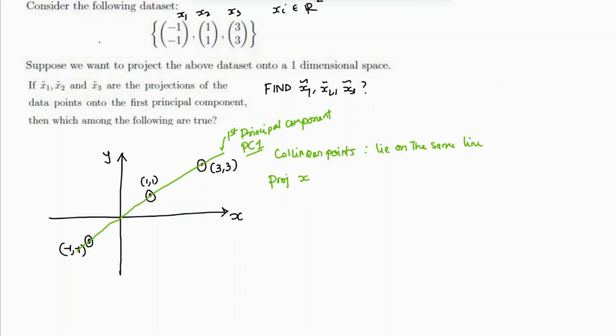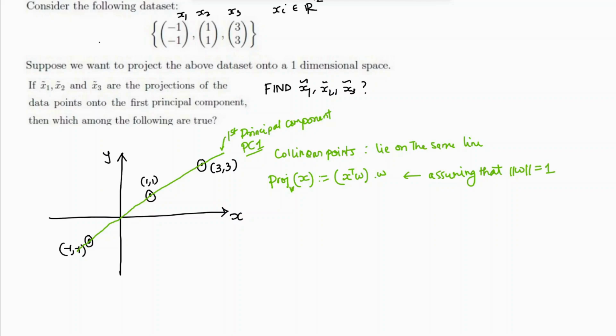The projection of any data point x onto a line W is given by, this is the definition of the projection, the dot product of x and W, so x transpose W, and then multiplied with W. We are doing this assuming that W is a unit vector, which means the norm of W is equal to 1.